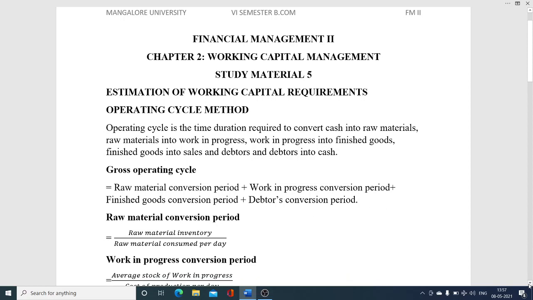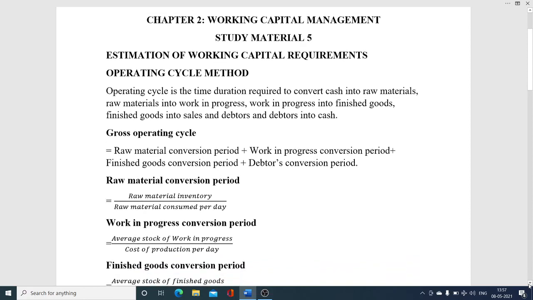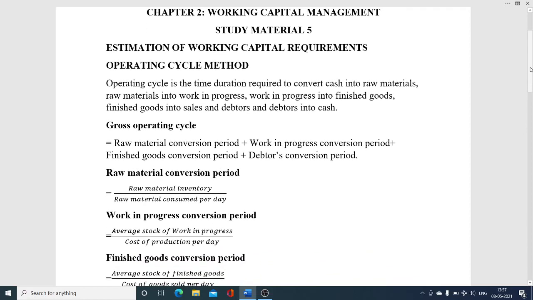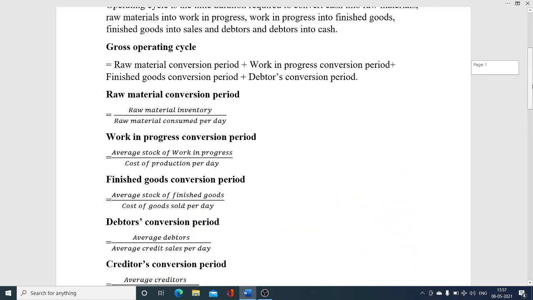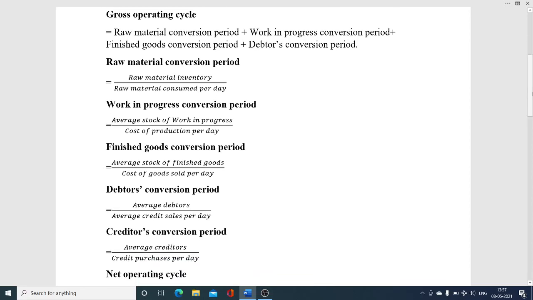Now, how do you find the raw material conversion period? Raw material conversion period is equal to raw material inventory divided by raw material consumed per day. Raw material inventory means the stock of raw materials. Work in progress conversion period is found by average stock of work in progress divided by the cost of production per day.